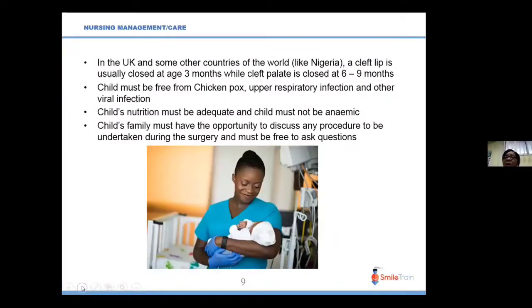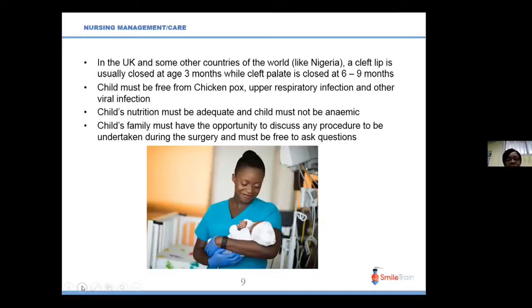But some are also beyond 3 months, unreported cases that don't come on time. While the palate is closed between 6 to 9 months. The child must be free from chickenpox, upper respiratory tract infection, and other viral infections, so that by the time you do this surgery, the child will come out without complications.